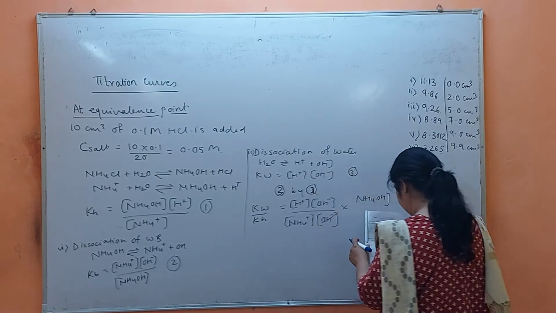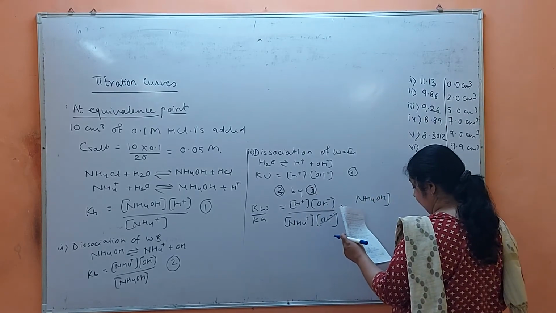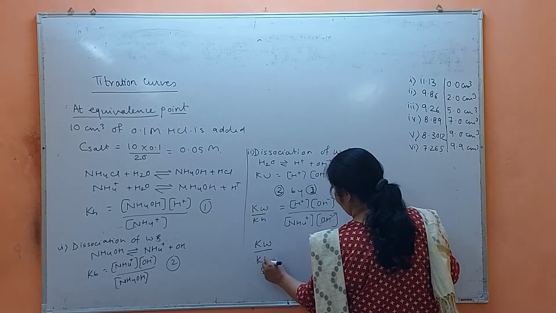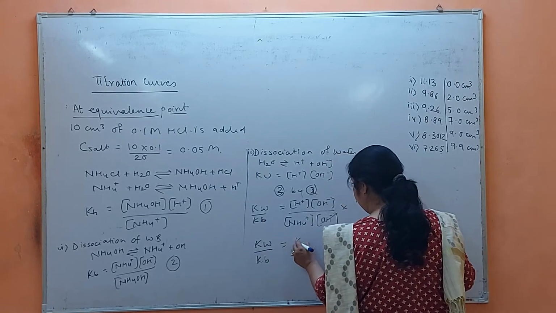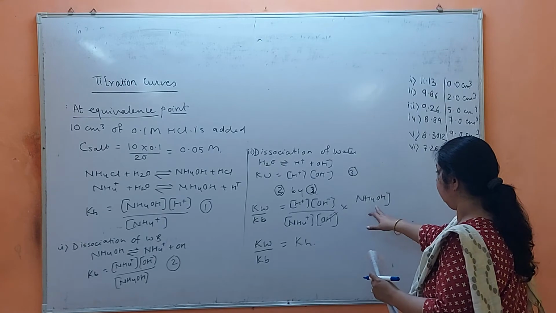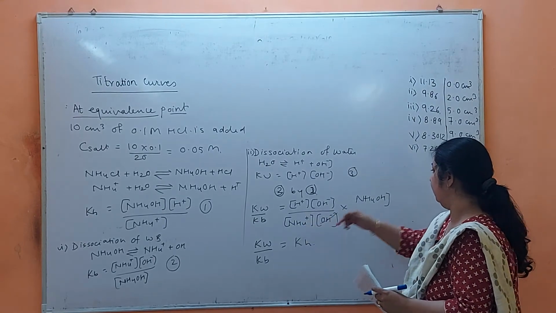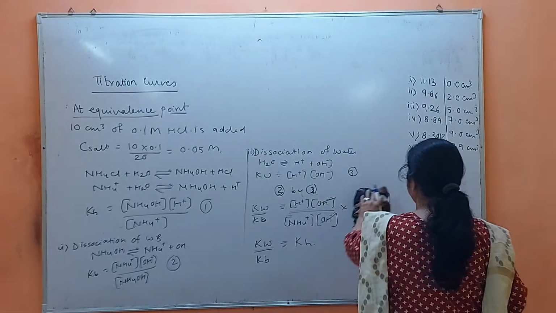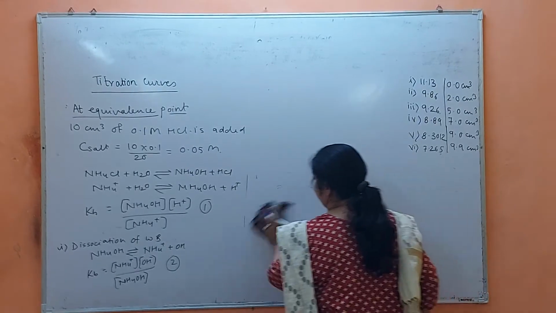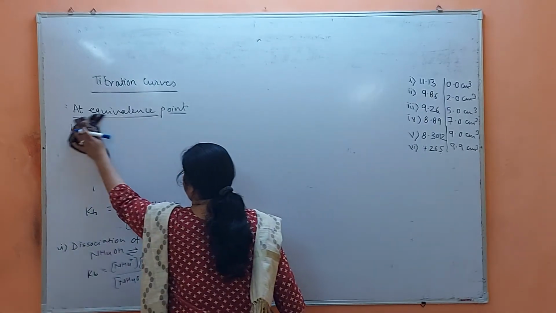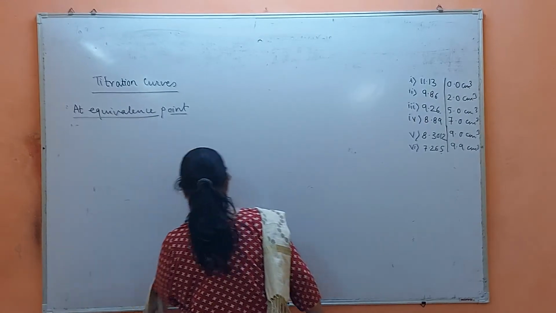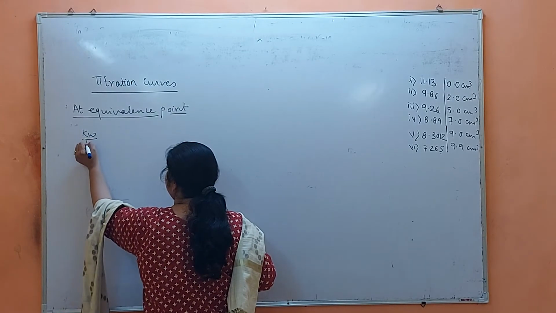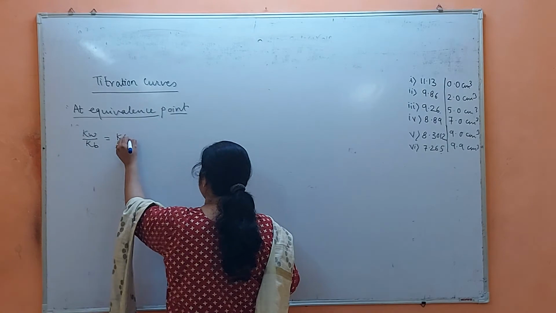So these will get cancelled, and we get Kw upon Kb equal to nothing but Kh. Alright, so we have arrived at the equation Kw upon Kb is equal to Kh.